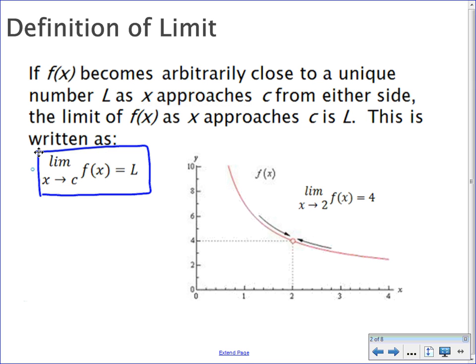Where's that train? Where are the trains going to meet? Since we're looking at 2, we're getting close to 2, and our height is 4.